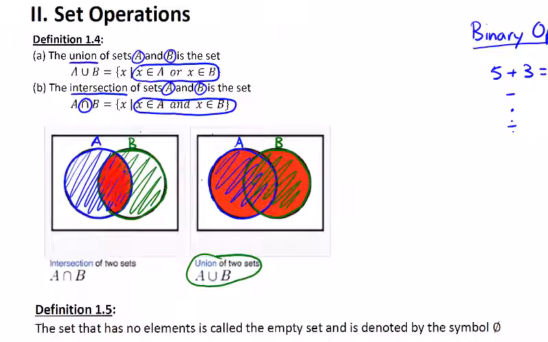There's only so many real numbers, and sometimes those real numbers get reused. So the intersection represents the overlap of the sets.